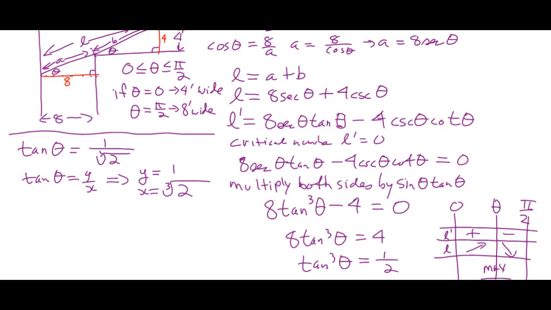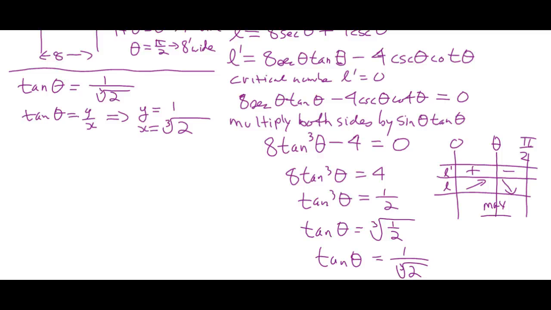Once we've got r, then we know x, y, and r, which means we can get secant theta and cosecant theta. Because what's secant theta? It's r over x. And cosecant theta is r over y. So we've got x and y, we need r.